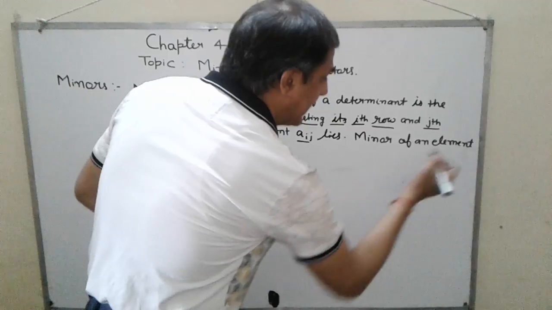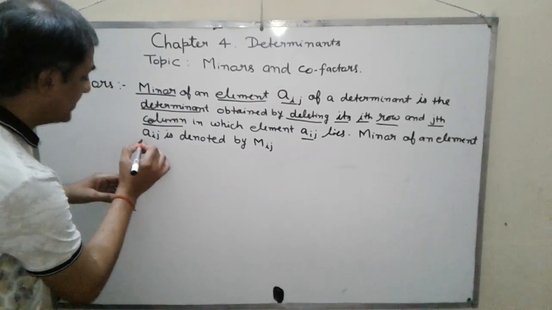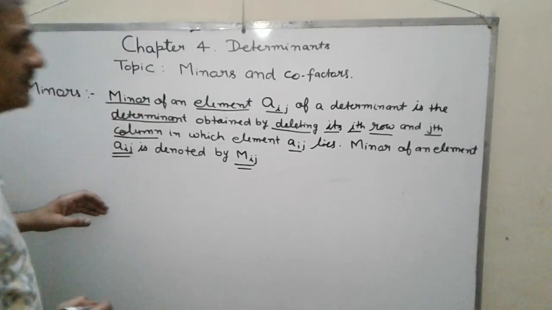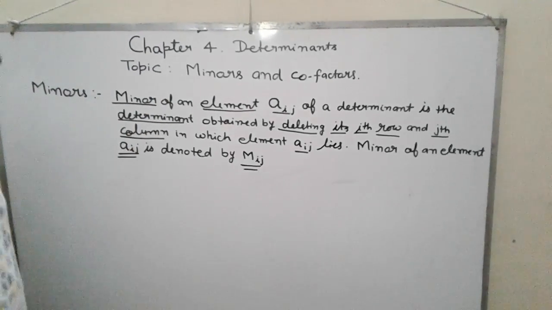The minor of an element Aij is denoted by Mij. Here M stands for minor.